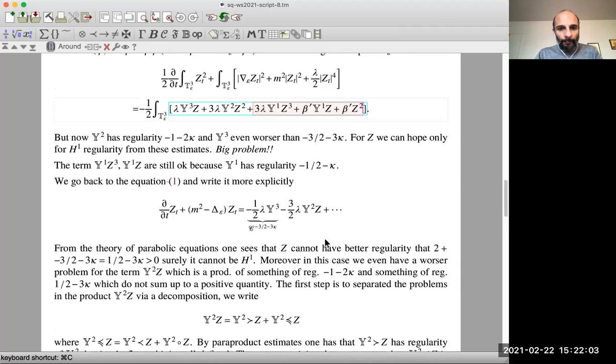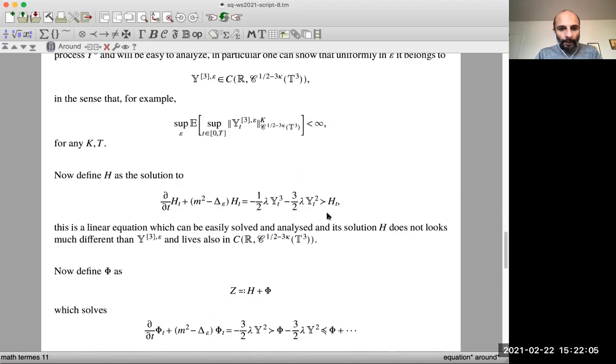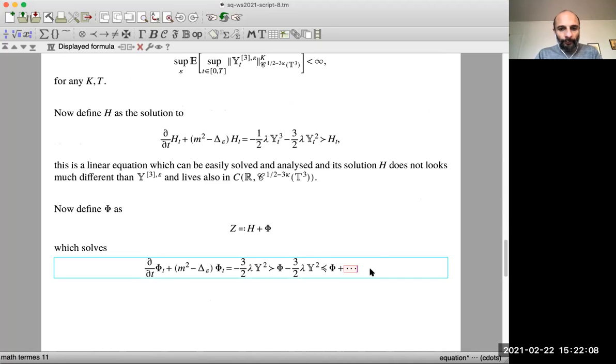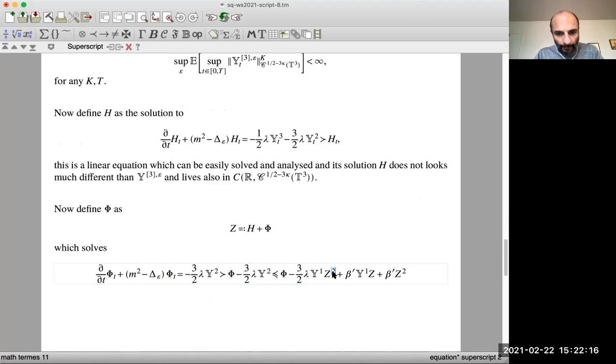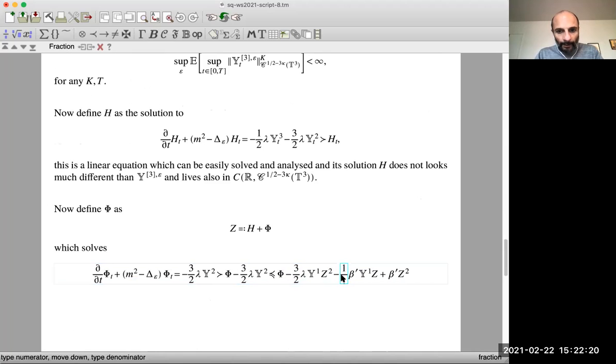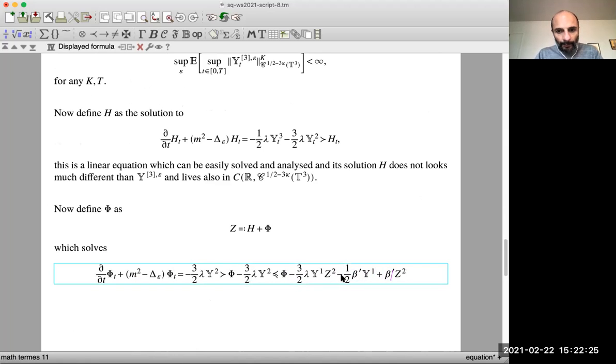So I put them back, so that the final equation looks like minus 1/2, there is a 3/2 y, this is Z, and then again minus 1/2 beta squared y1 and z.